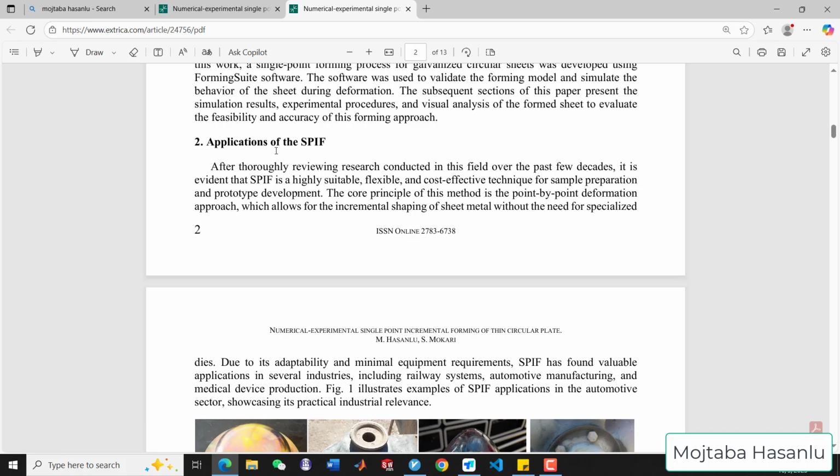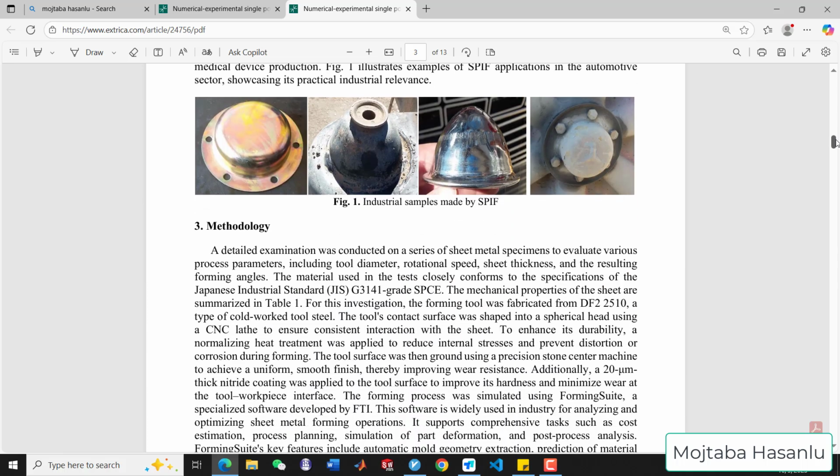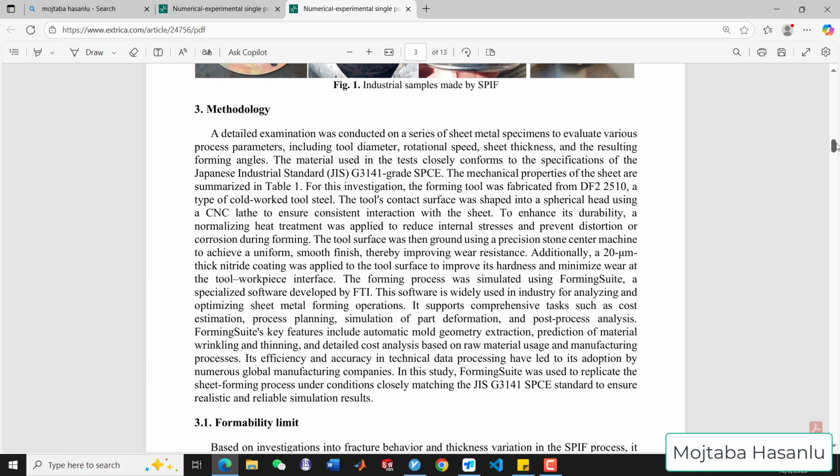So applications of SPIF is part of the methodology. It's a subpart, actually a subclass of the methodology, because we want to talk about the applications and practical research of these papers.